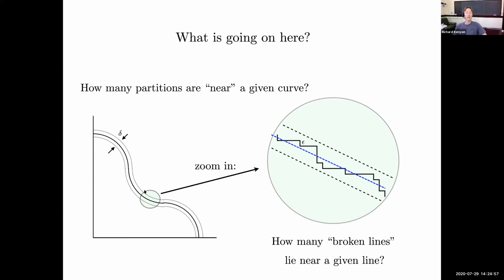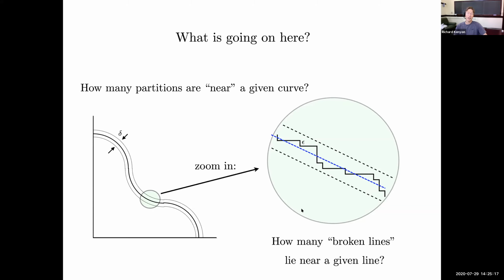So for most places, when I zoom in, I will see essentially what looks like a straight line, as in this zoomed in plot here. And then I have some sort of a southeast going lattice path, which follows that line. Here, the zoomed in line is now dotted blue.